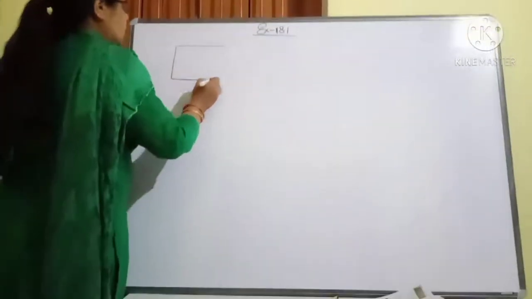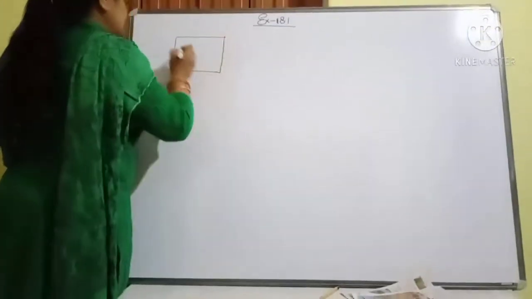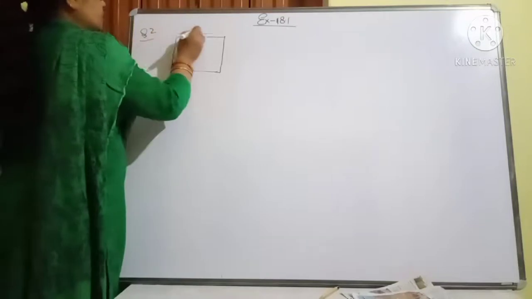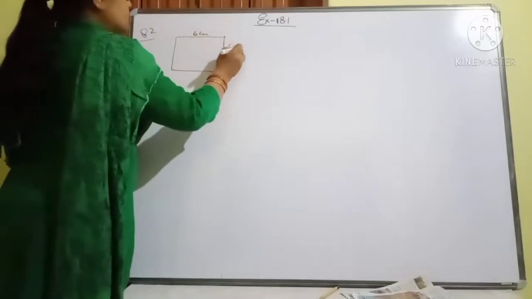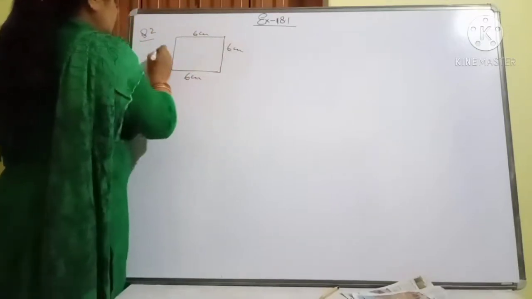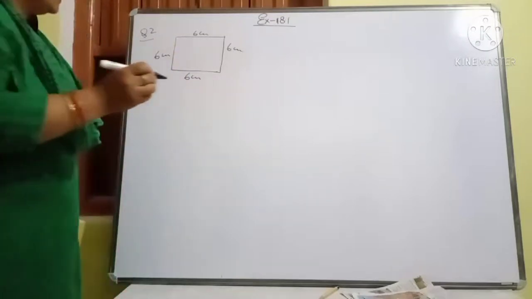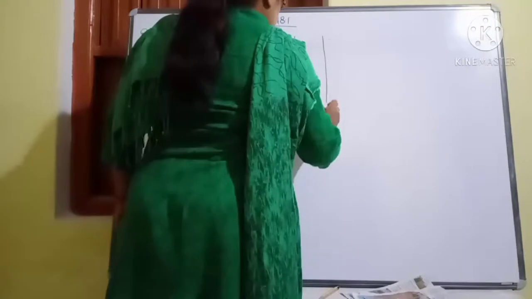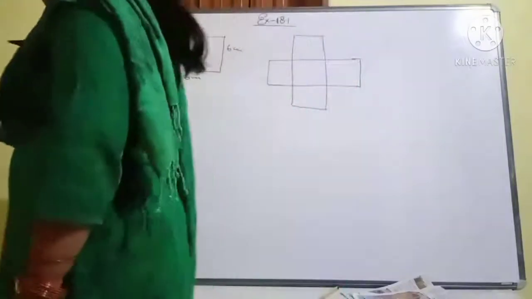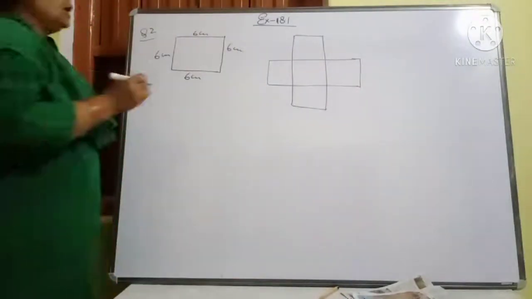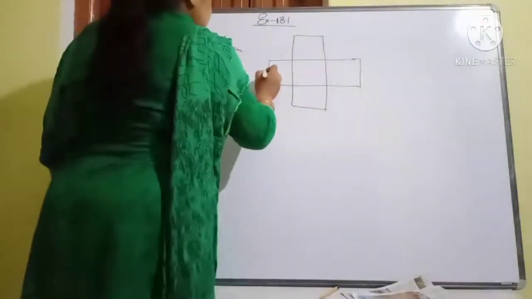One is a square of side 6 centimeter. Each side of the square is 6 centimeter, and another figure is like that. Each of its sides is 2 centimeter.